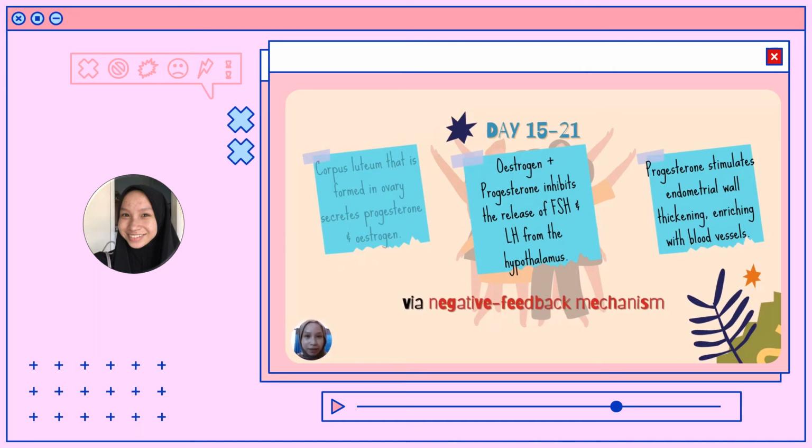This negative feedback mechanism functions to stop the growth of new follicles, because FSH and LH function to stimulate the development of new follicles. So if estrogen and progesterone stop the production of FSH and LH, there will be no new follicle.